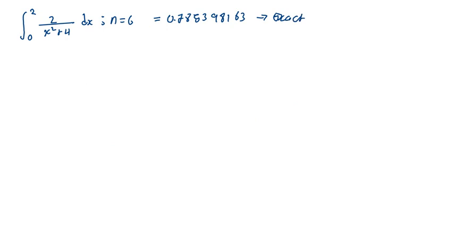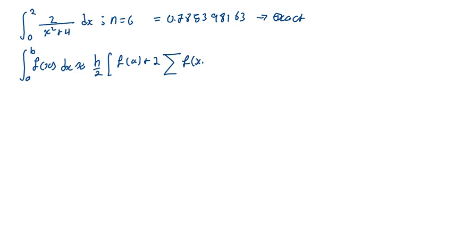So now let's apply the composite trapezoidal rule and find our approximation. The formula for the composite trapezoidal rule is the integral from a to b of f of x dx, which we already have, approximately equals h over 2, then in the brackets you have f of a plus 2 multiplied by the summation of f of x sub j, with j starting from 1 up to n minus 1, then plus f of b.